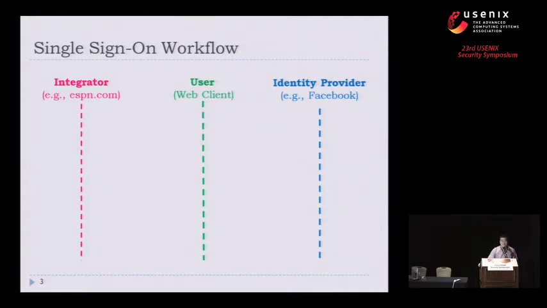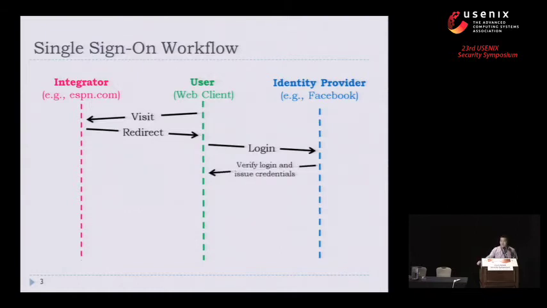Let's say the user Alice, the green one, tries to visit ESPN.com, and she would like to log in with Facebook to ESPN.com. She first visits ESPN.com, the integrator, and then the integrator will redirect the user to the identity provider site, in this case, Facebook. Alice will then log into Facebook.